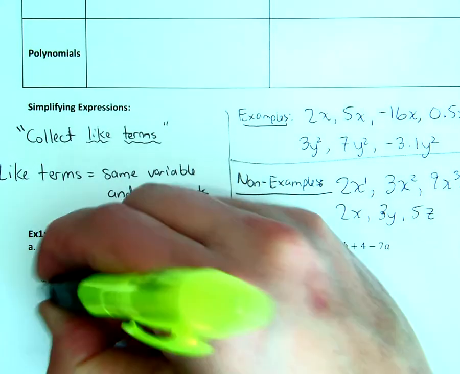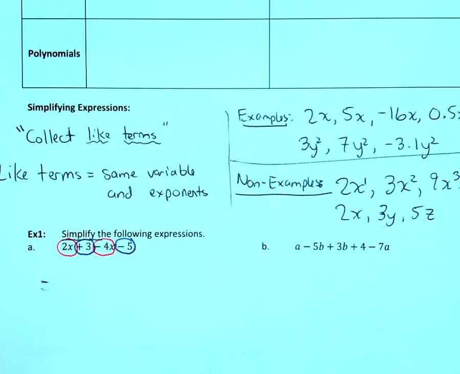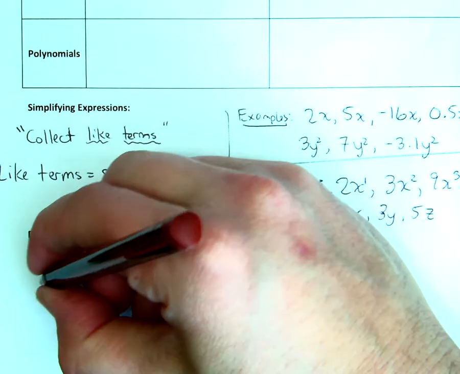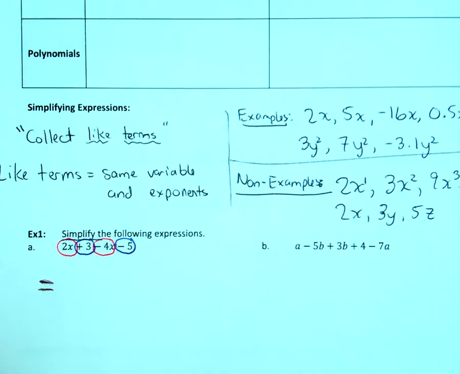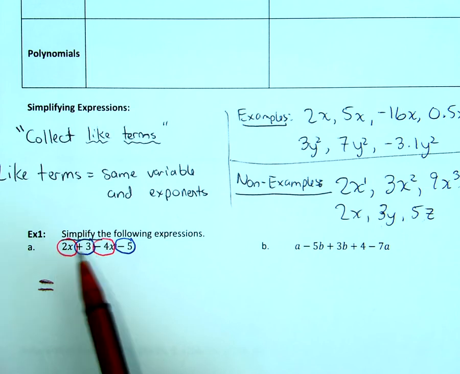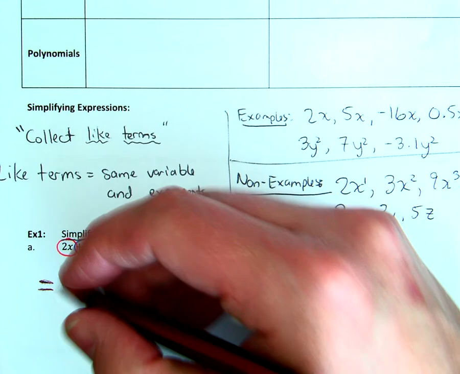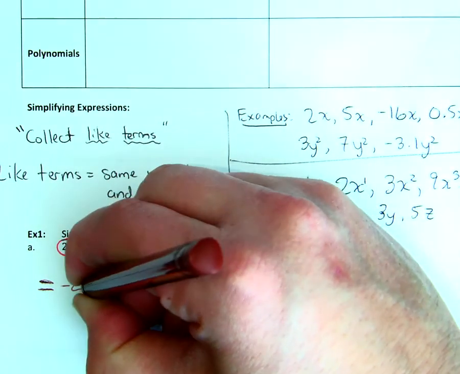So when I go to write my answer here, my simplified version, I'm going to do my x's first for no reason other than I want to. So this is positive, so positive 2x minus 4x. Positive 2x minus 4x would be negative 2x.